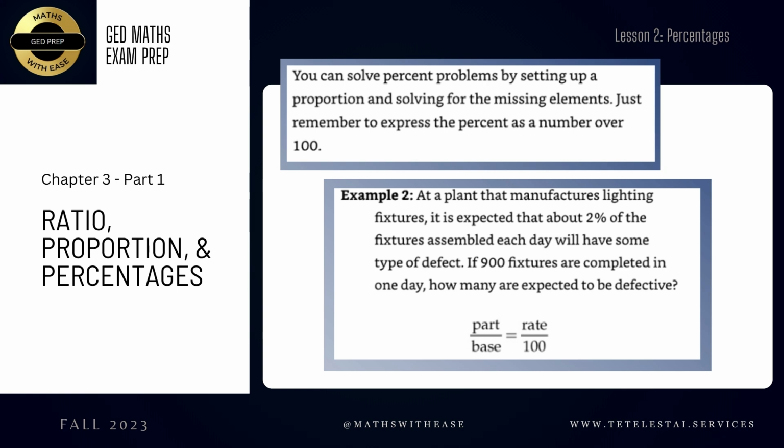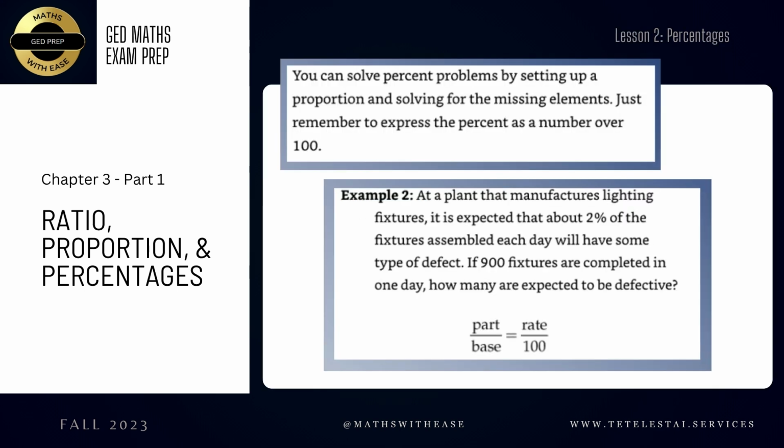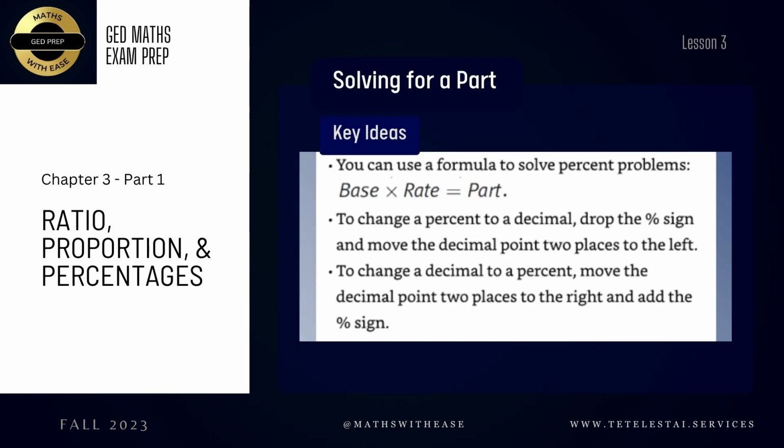So you can see here that now part is the subject, and to find the part, you would simply multiply the base times the rate. But I just wanted you to recognize that this formula is coming from the same formula that represents a percentage, but all we've done is change the subject to part, okay?